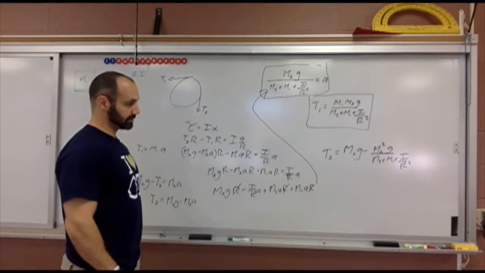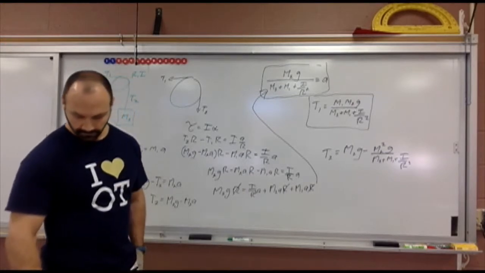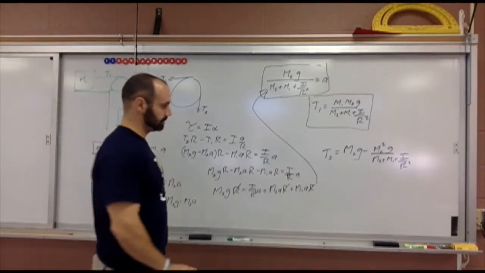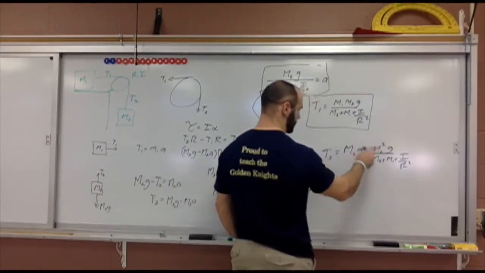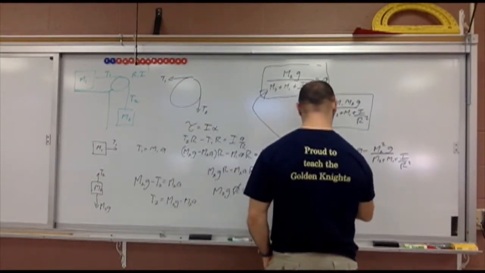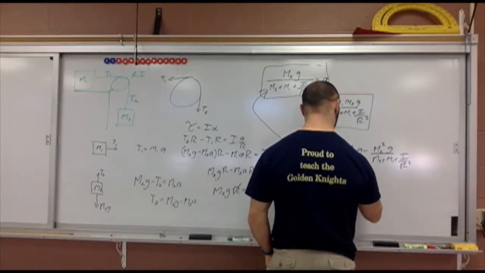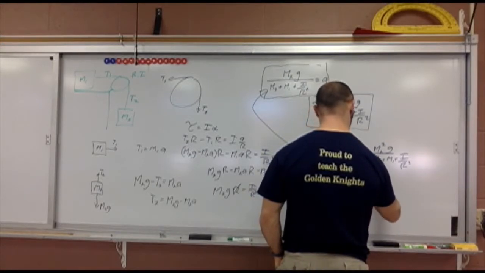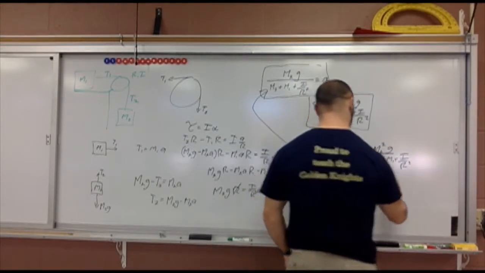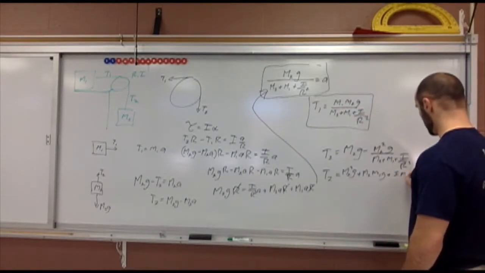And then we can do some kind of crazy simplification stuff if we really want. I can take this and make two fractions here. So let's try that. T2 equals M2 squared G plus M2 M1G plus I M2G over R squared.